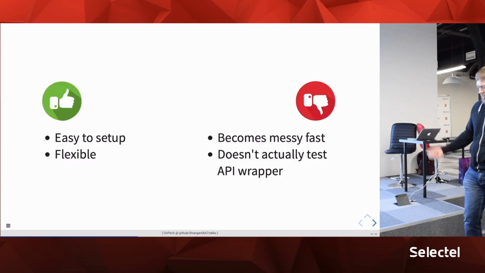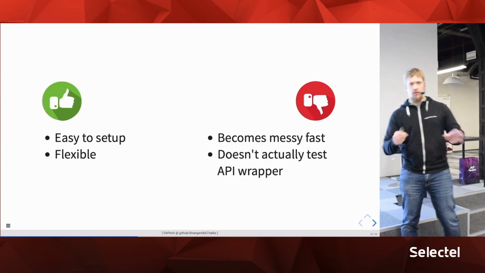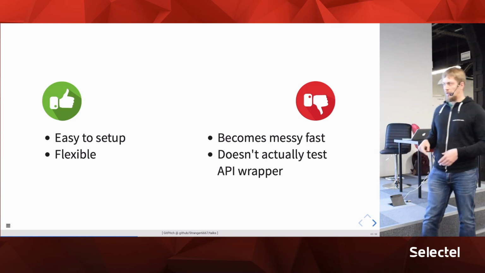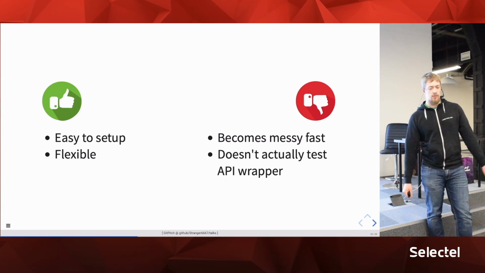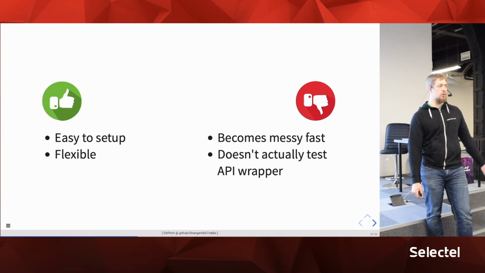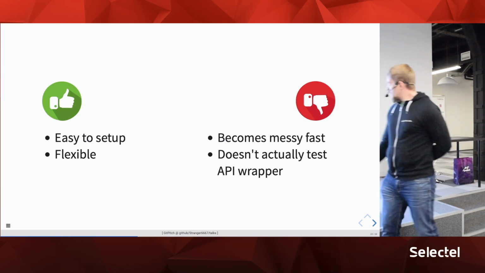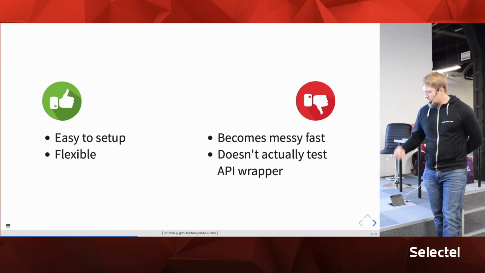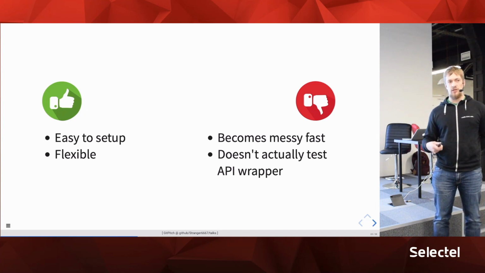Okay, so basically this approach is really easy to set up. You just mock everything and set up how it works and just run the stuff. And it's kind of flexible because you could utilize the features that are available in the standard library. But these things could become really messy really fast.